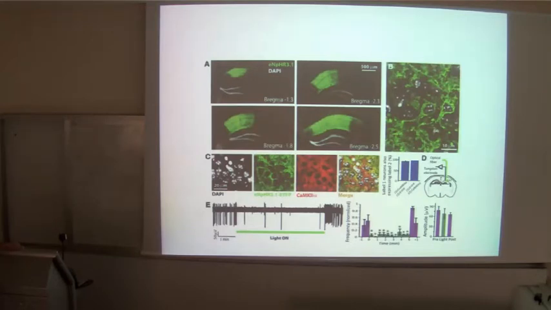You put it on a CaMKII promoter, which means that it's going to transfect pyramidal neurons. So you don't transfect all these inhibitory neurons that are all around this CA1 region. Now you put an electrode in CA1, neurons are spiking, you put the light on, they stop spiking. You turn the light off, they start spiking again.